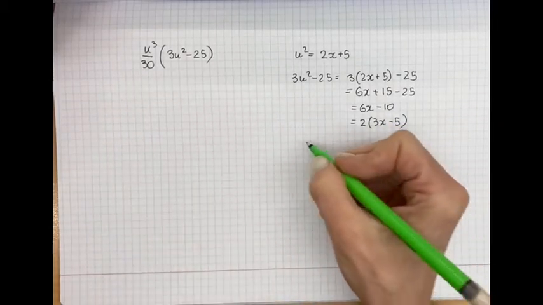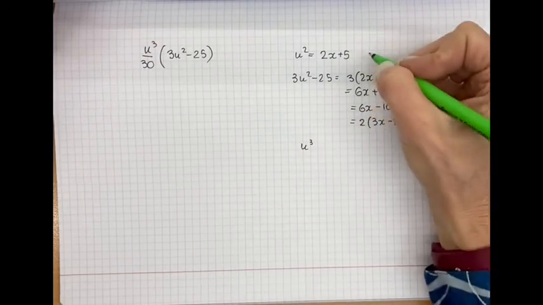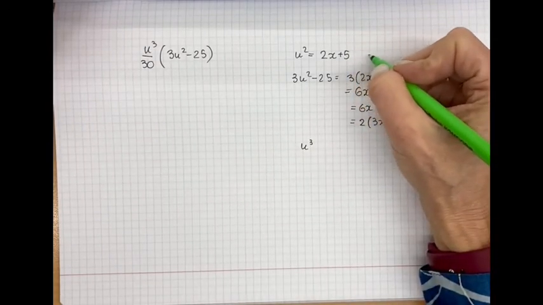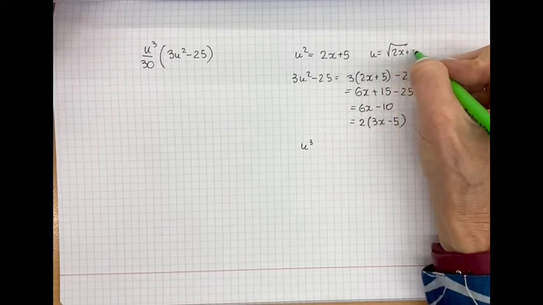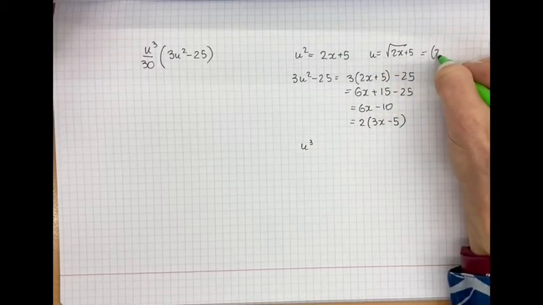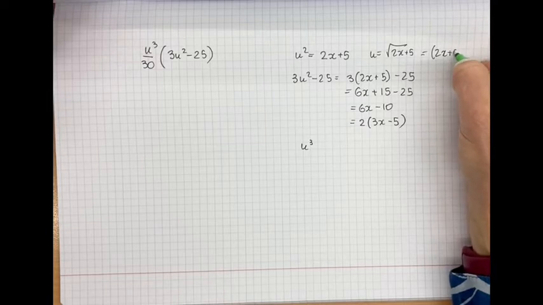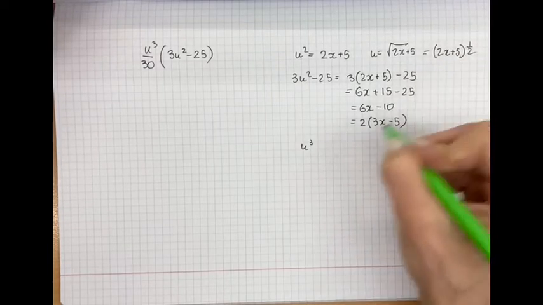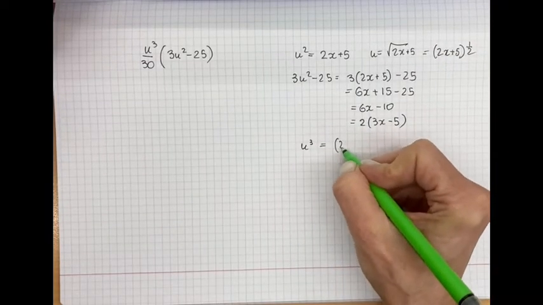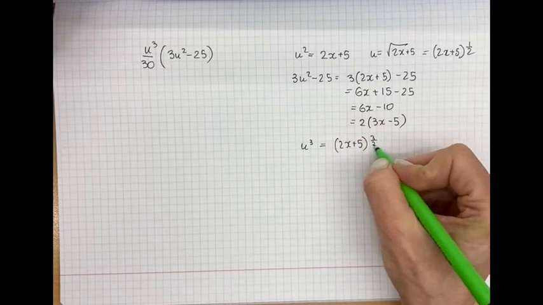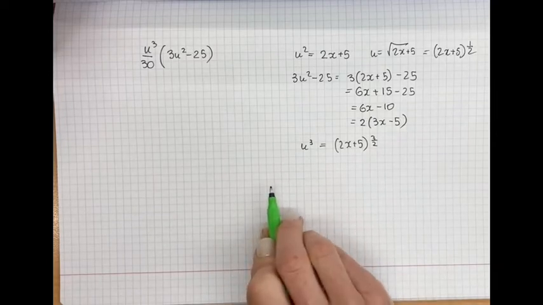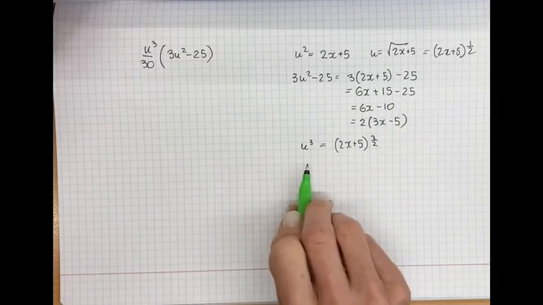Now what about u cubed? Well, if u squared is 2x plus 5, then u must be equal to the square root of 2x plus 5, or (2x plus 5) to the power of a half. So u cubed is (2x plus 5) to the power of 3 over 2, because you've got the power of a half raised to the power of 3. It becomes 3 over 2.